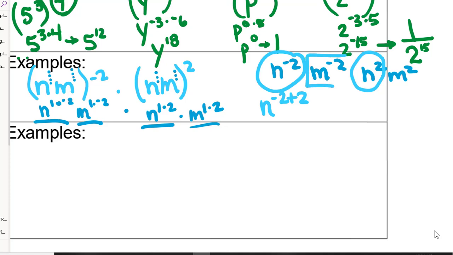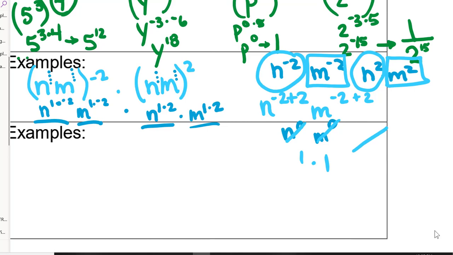And here we've got m to the negative second times m to the second, same base. So I'm going to add those exponents. Then I'll end up with n to the 0, m to the 0, and each of those is 1. So my final value on this, all that work for that measly, frustrating 1.